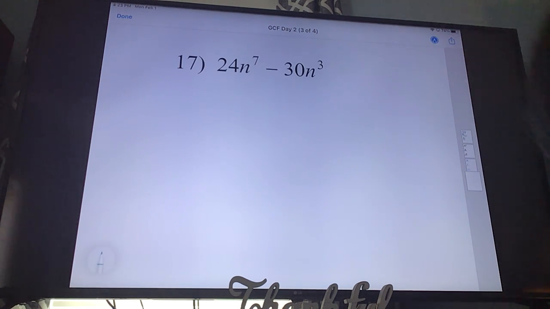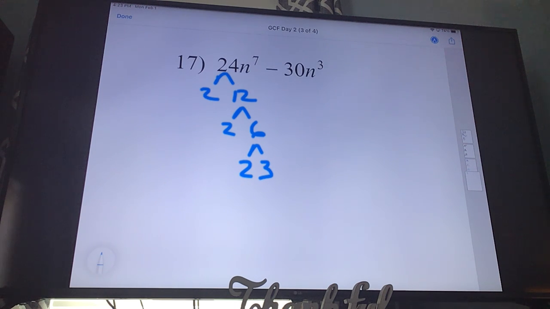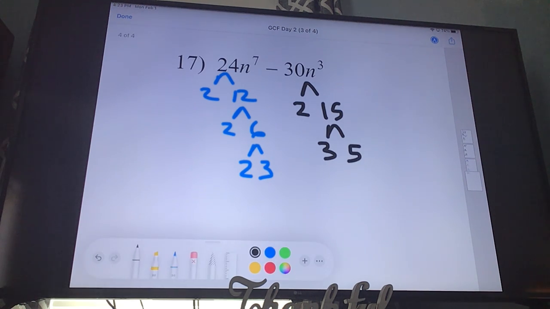Okay, 17. Find some factors of 24. So you're going to have 2 and 12, 2 and 6, 2 and 3. And for 30, you're going to have 2 and 15. 2 doesn't go in there, 3 does: 3 and 5. So we need to find our matches.